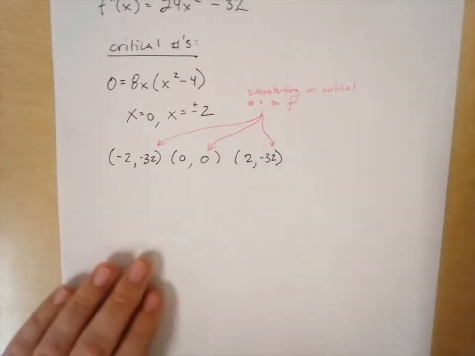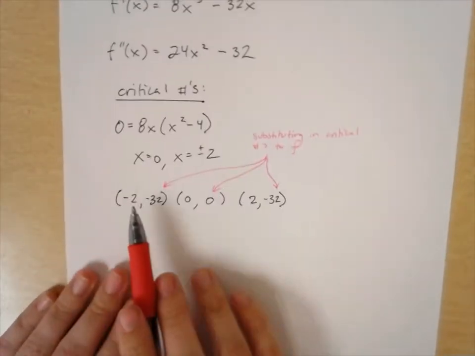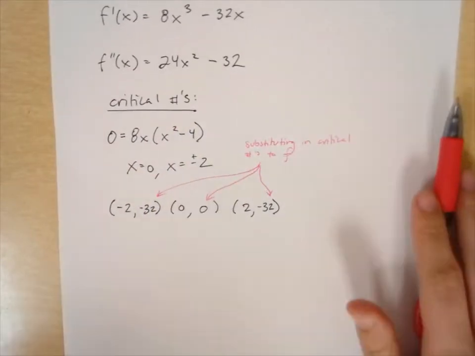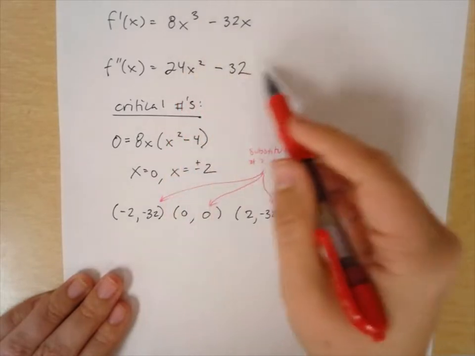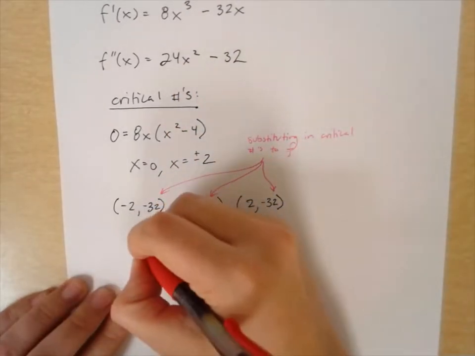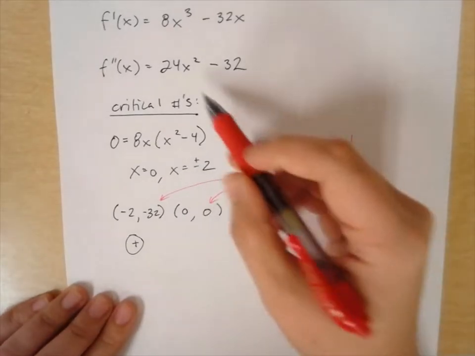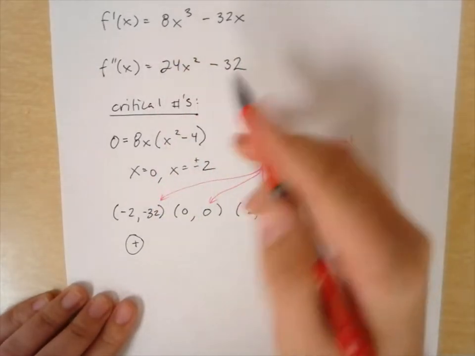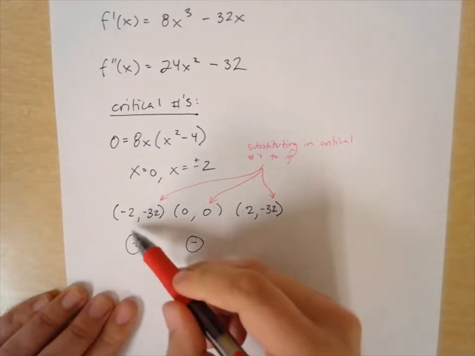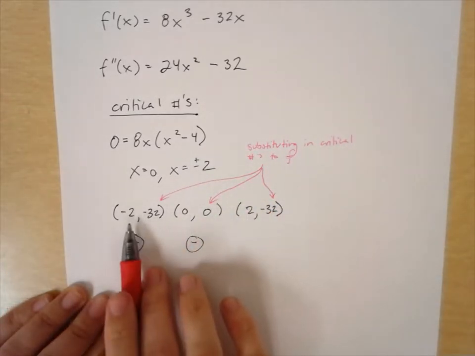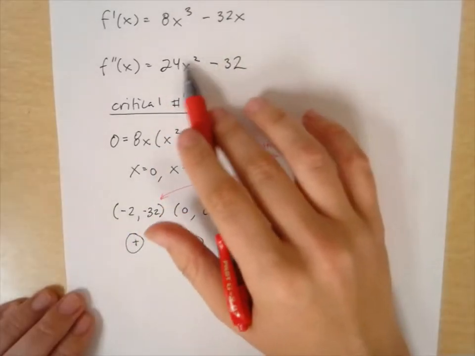All right. Now, let's take these x values, these critical numbers, and let's put them into my second derivative here. And when I put a negative 2 into my second derivative, I get a positive value. When I take a 0 and I put it into my second derivative, I get a negative value. And when I take 2, I'm going to get the same value that I got at negative 2, given I have an even exponent.